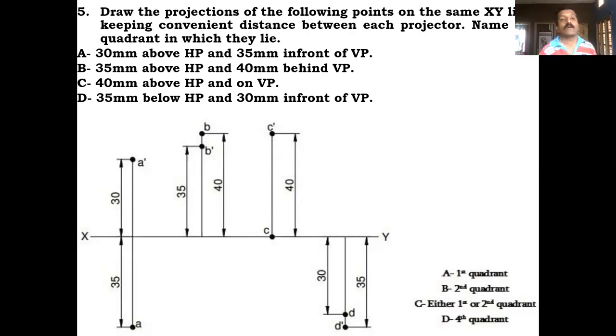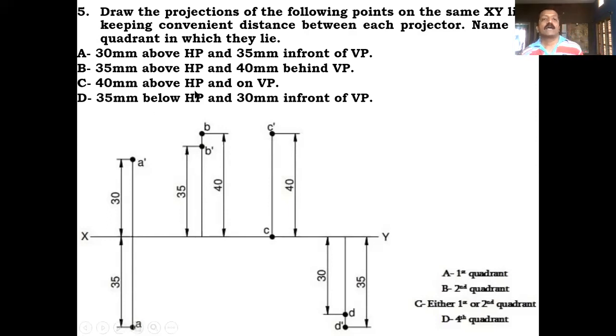So he has given a point C 40 millimeter above HP and on VP. At the end we'll decide which quadrant it comes in. First let me draw the projection. 40 millimeter above HP is front view information. Above HP means while drawing, above the XY line you should draw. That means you take 40 millimeter above the XY line and draw a horizontal projector line, locate one point, call that C dash, because it's a front view.